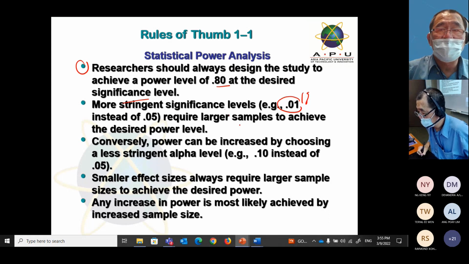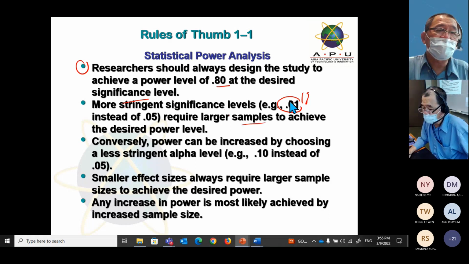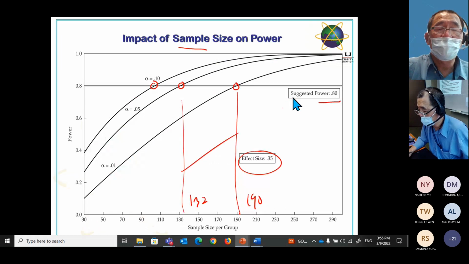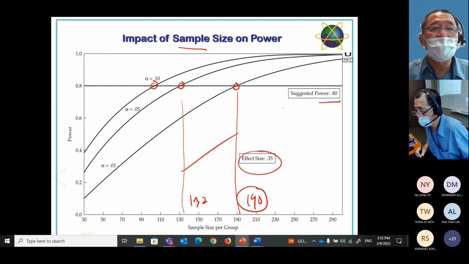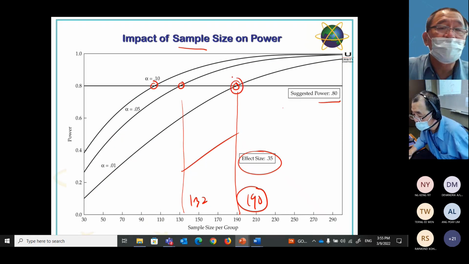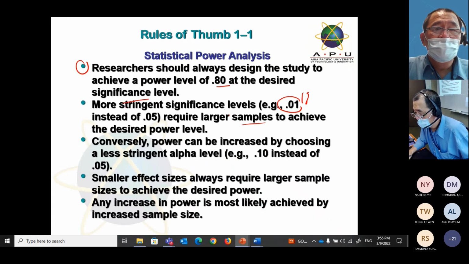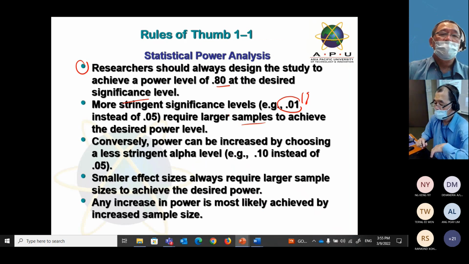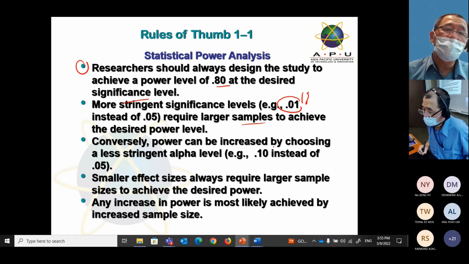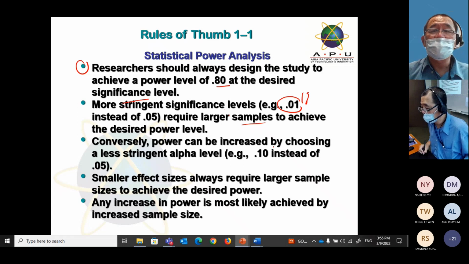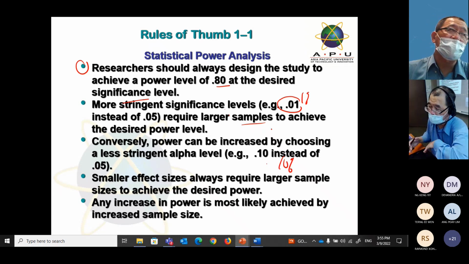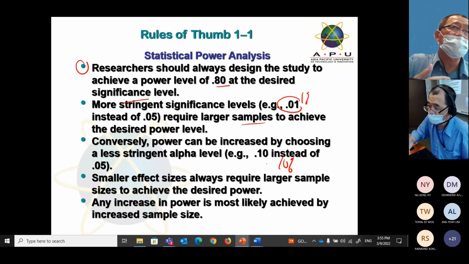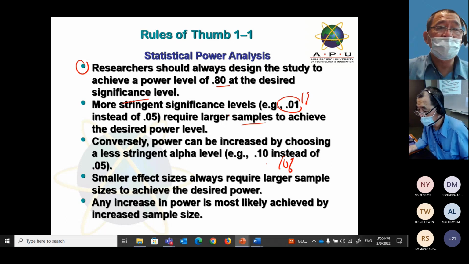Therefore, it requires larger samples to achieve the desired power level. You need 190 to get the power of 0.8. You can also take 10%, which is not that strict, therefore it's easier to increase the power and easier to reject the null hypothesis.